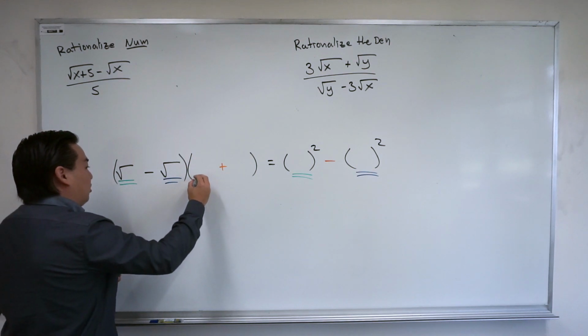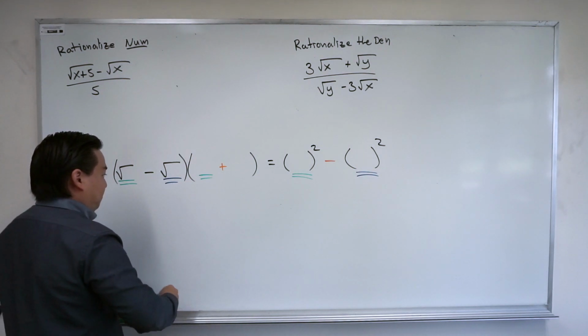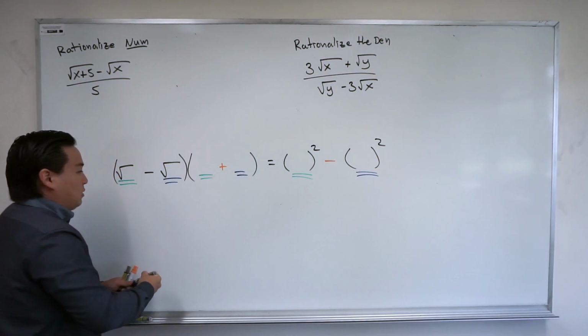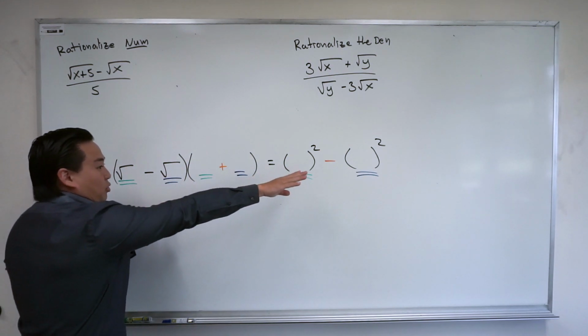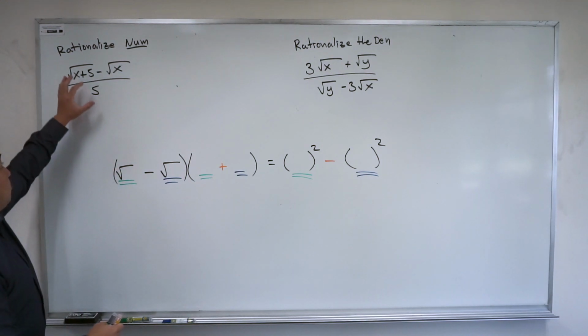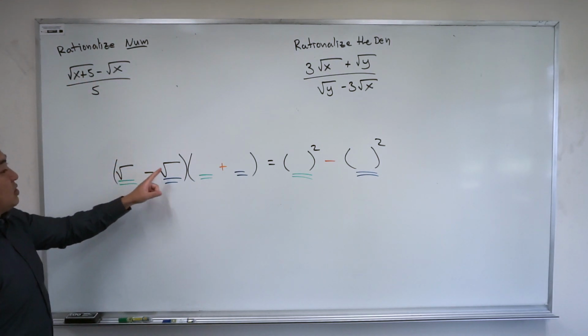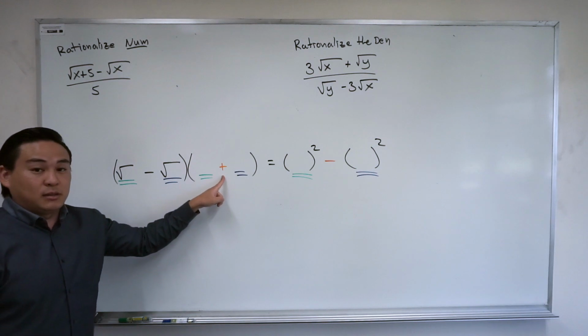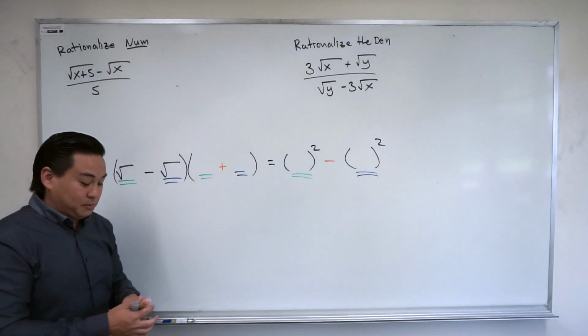And all of these are the same. So the blue one is going to be the same all throughout, and the green one is going to be the same all throughout. So what we want to multiply this thing by is going to be the same thing but with a plus in the middle. That's called the conjugate.